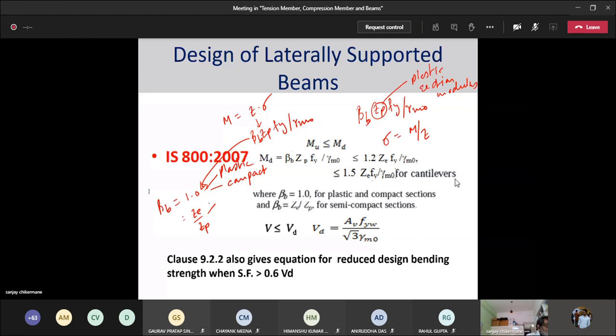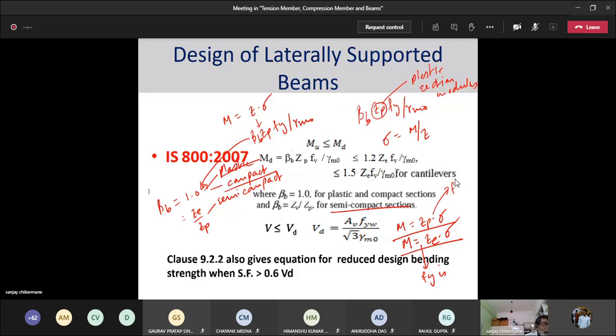for semi-compact sections. So the formula is basically saying that when it is a plastic or compact section, M is equal to Zp into sigma, and when it is a semi-compact section, M is equal to Ze into sigma, which is fundamentally our definition of semi-compact and compact section, where semi-compact section was that Fy is possible, but bending beyond Fy is not.